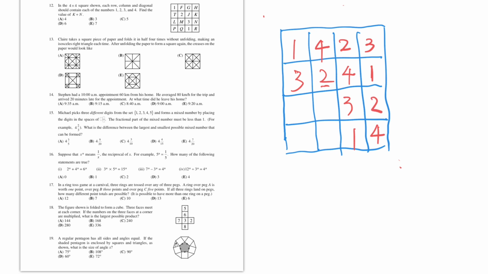Now I need the 2. I think we can find the answer because they ask K and N. K is here, N is here. So K plus N equals 1 plus 2, that's 3. So the answer is B.